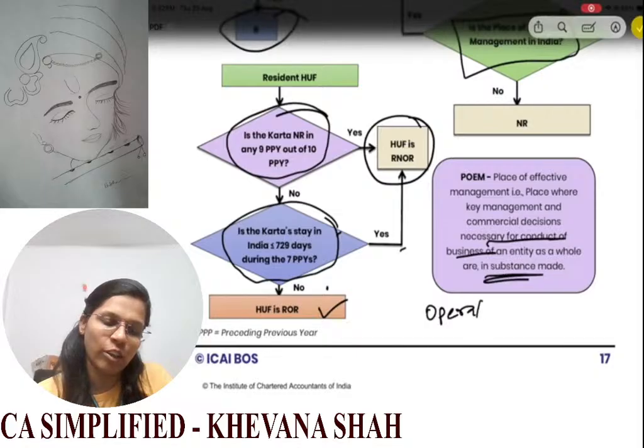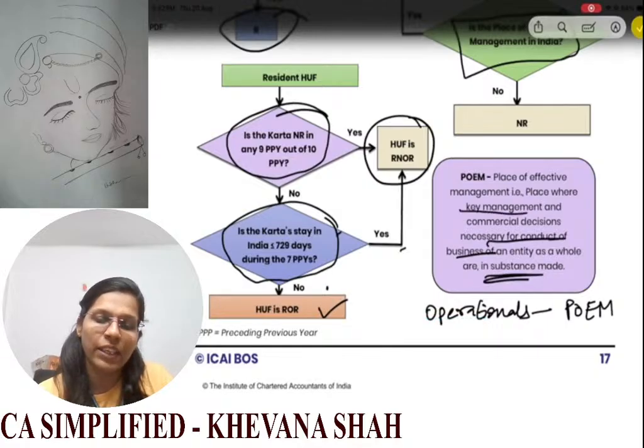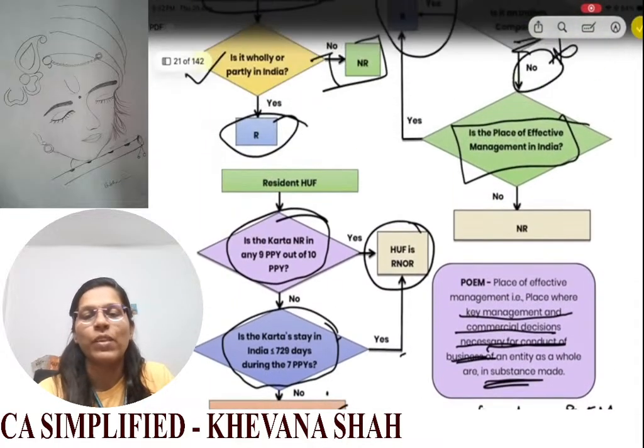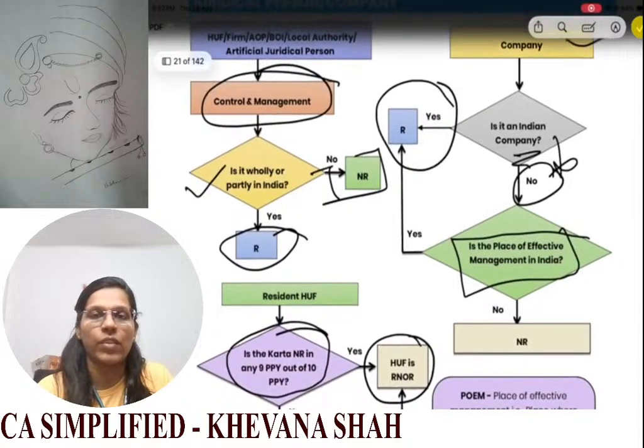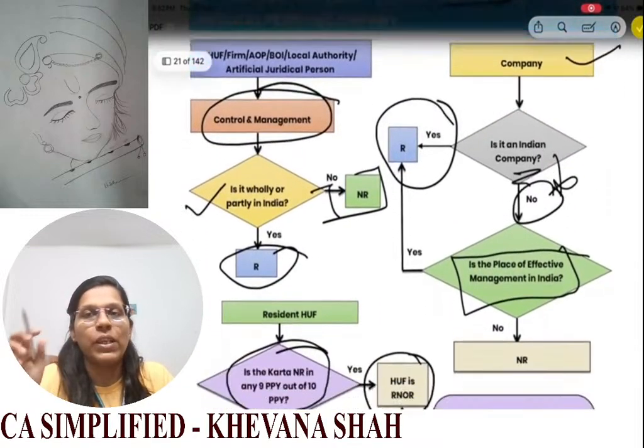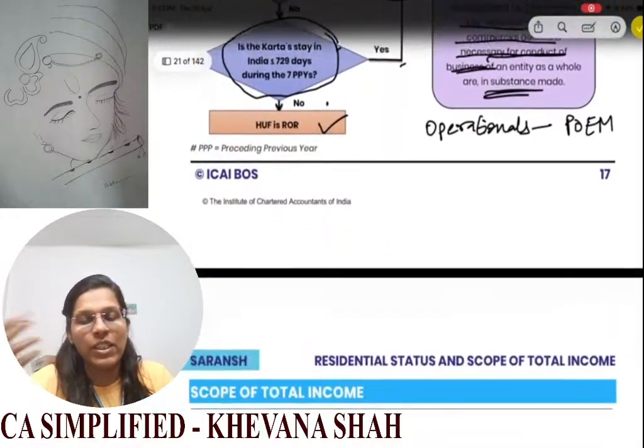If you are taking any operational decisions, then that will not be your POEM. POEM needs the key management and commercial decisions necessary for conduct of business. Those decisions should be taken. If all these decisions are taken effectively from India, then your company will be resident in India, otherwise not.